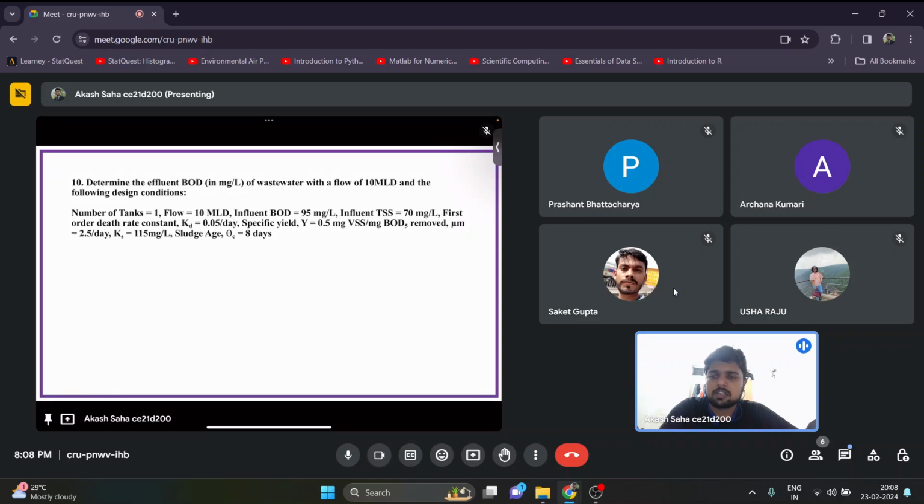First order death rate constant KD is 0.05. Specific yield Y is equal to 0.5. The mu m is 2.5, Ks is 115, and sludge age is theta c. So we have to find out the effluent BOD, that is Se or S for that matter. Please try to find out.